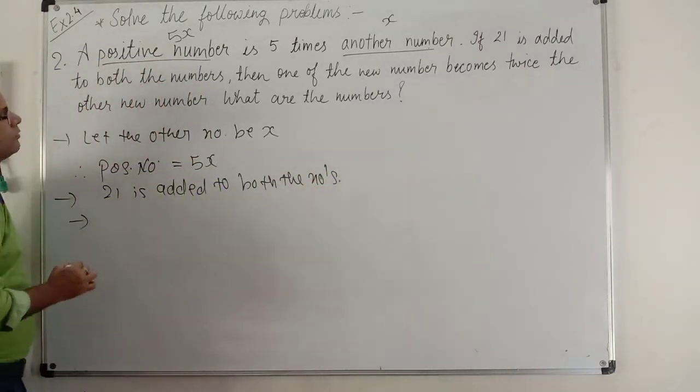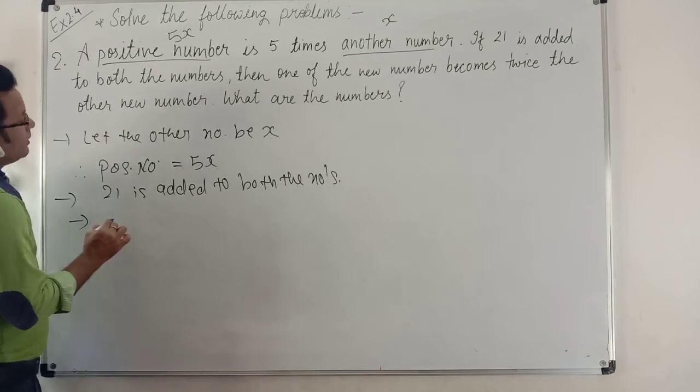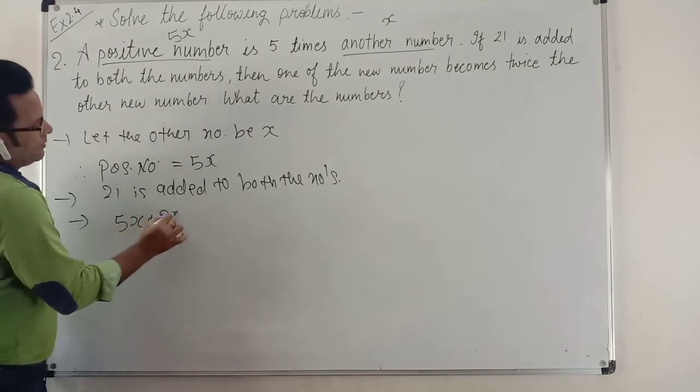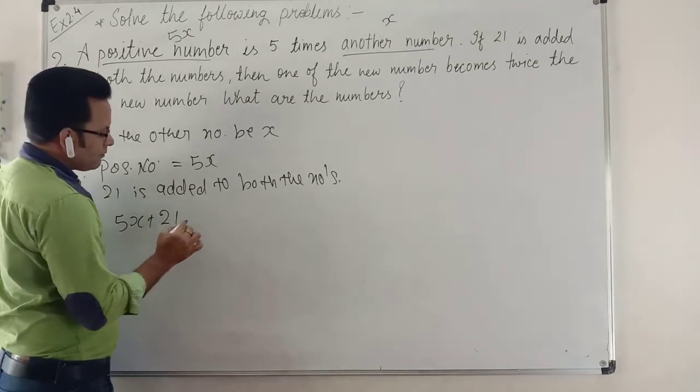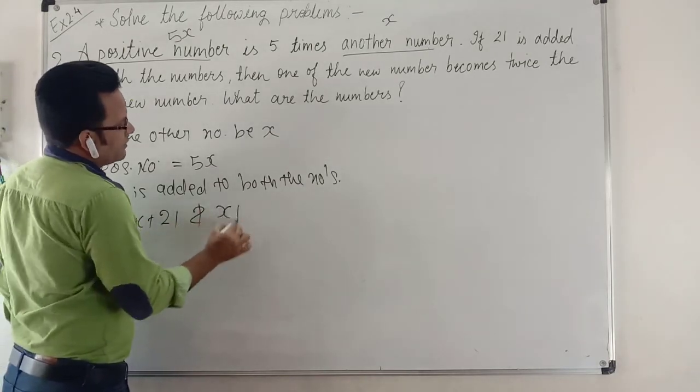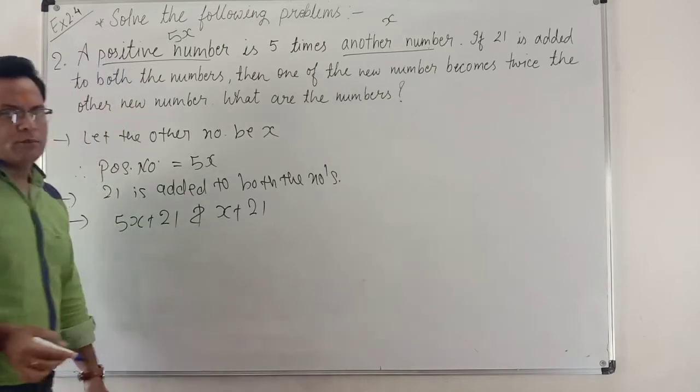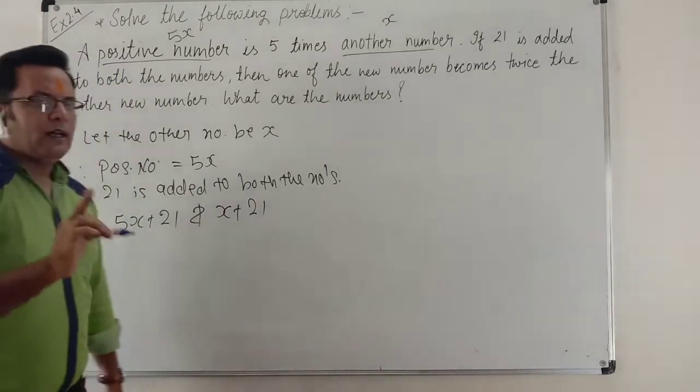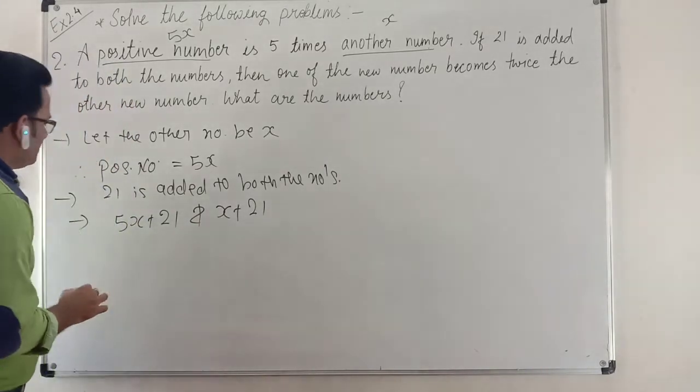Okay. So 5x plus 21 and x plus 21, because right now we have two numbers, x and 5x.